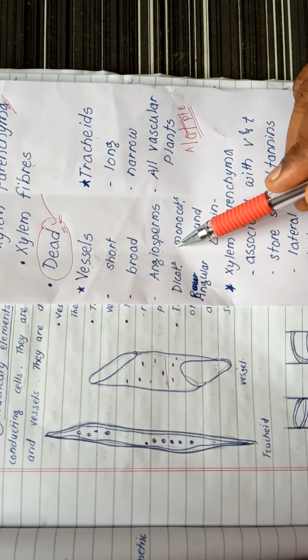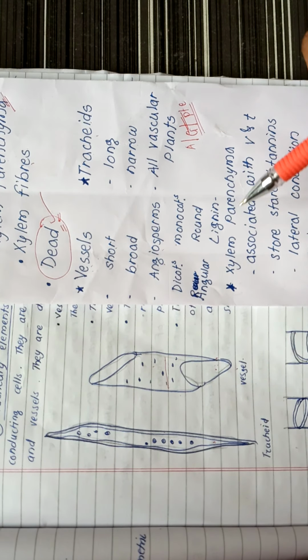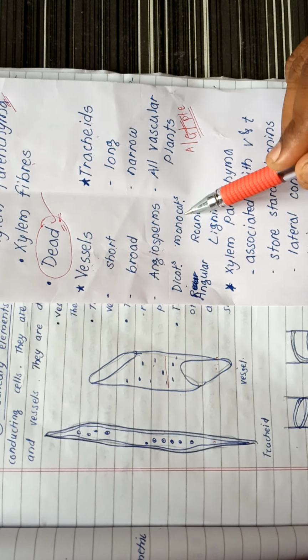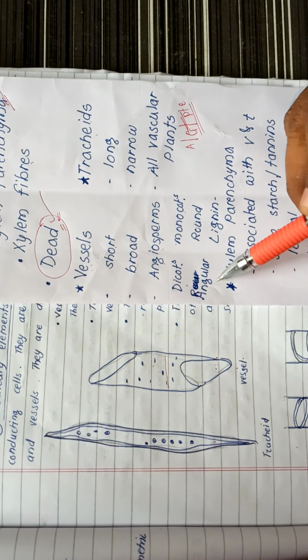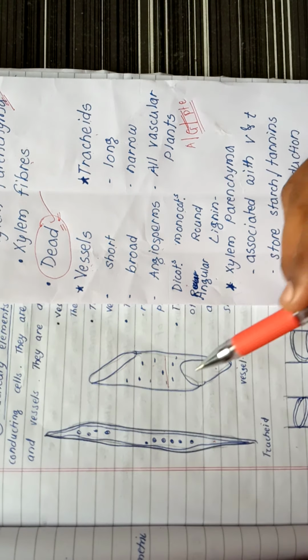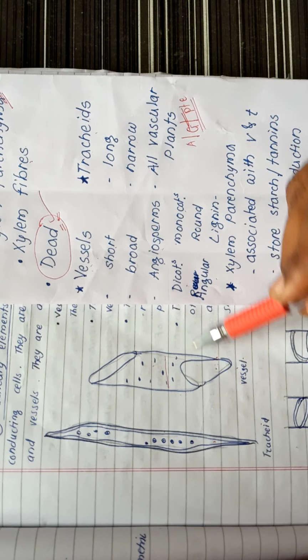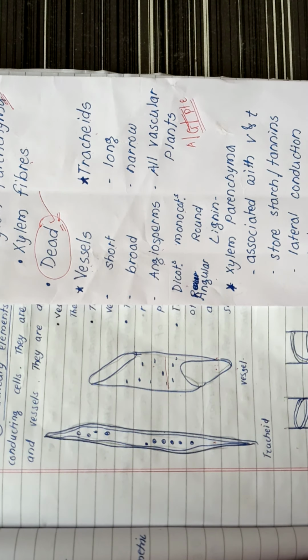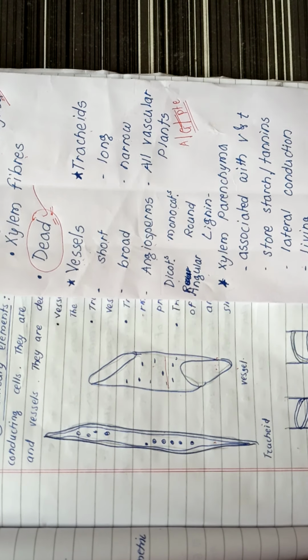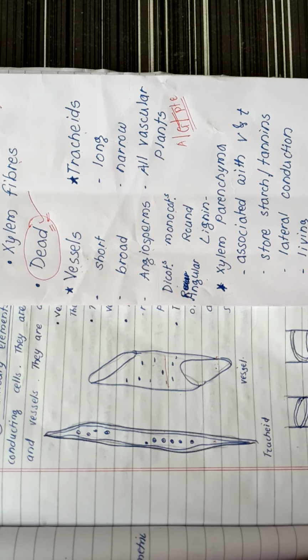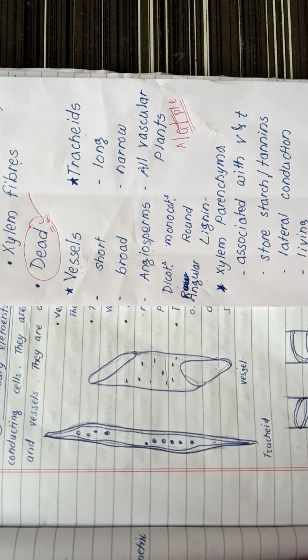In angiosperms, there are two groups, dicots and monocots. In dicots, the outline of the vessels is angular, while in monocots, the outline of the vessel is exactly round. In dicots, it is angular.